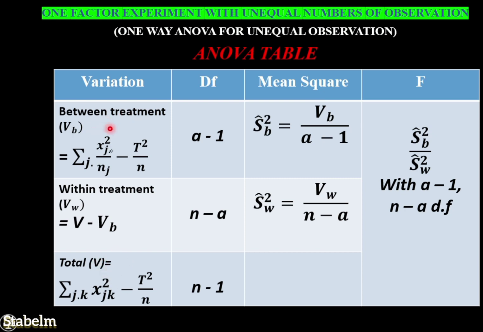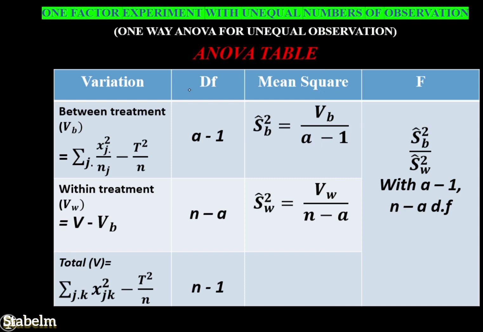That will give us the variation within treatment. And the total variation, this is the formula we are going to use to get the total variation. Under the example, we are going to explain this better so that we'll be able to handle problems that have to do with one-way analysis of variance with unequal observation.